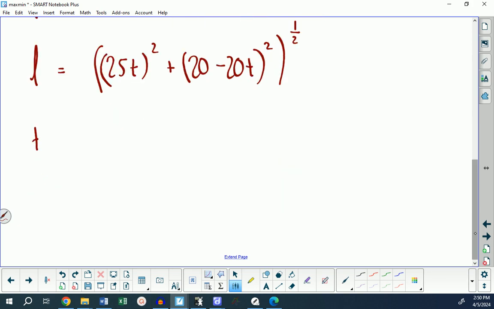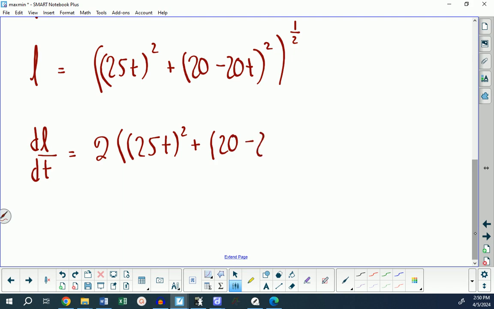So I'm going to find dL/dt, and my first step will be to do this. And then I need to multiply by the derivative of what's inside.